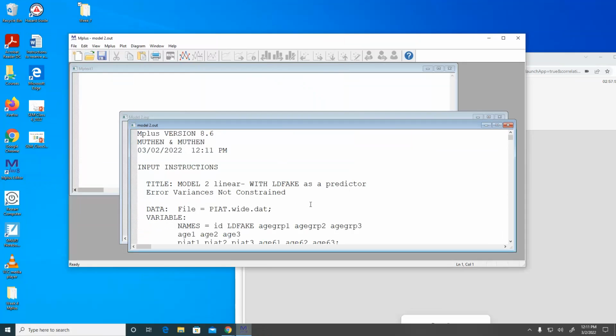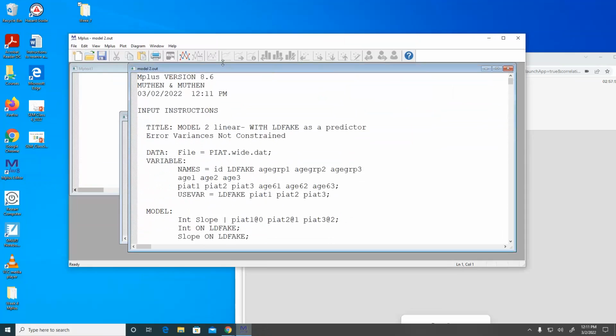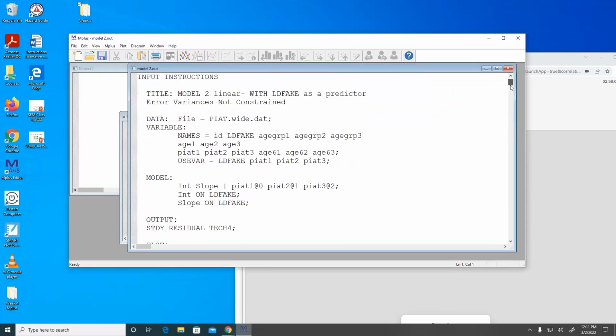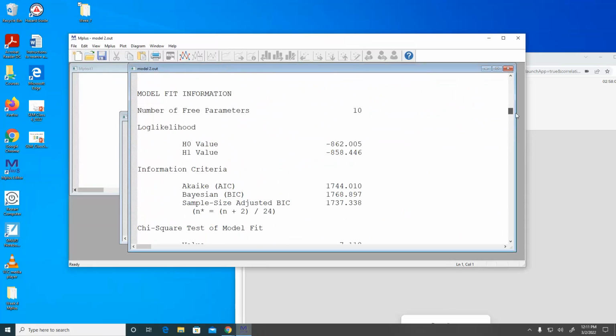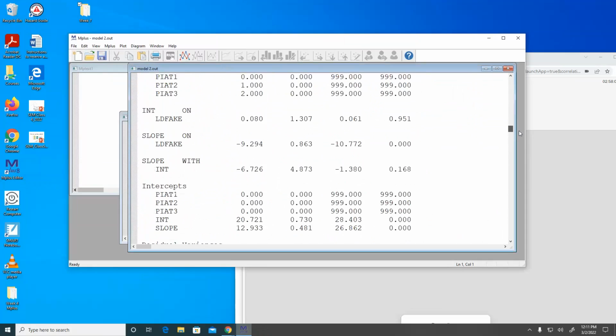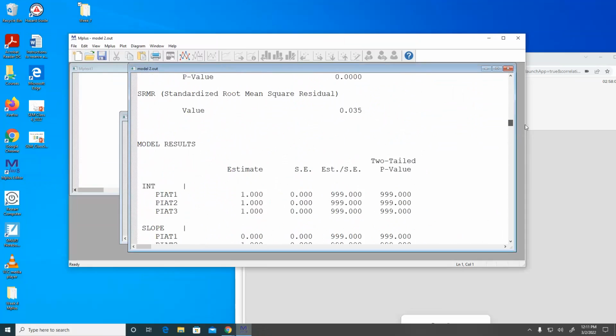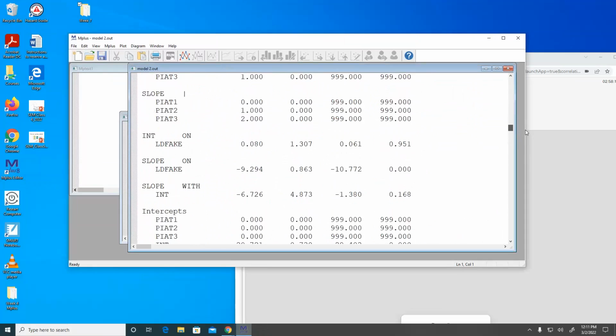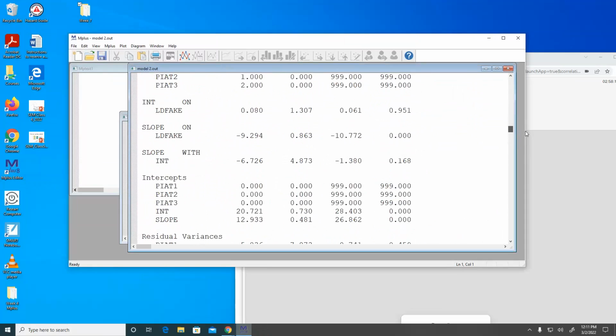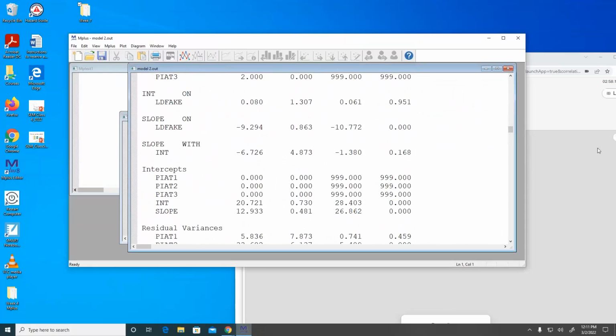Sure, save changes. Okay, so here we go. Let's get to our, not STDY, sorry, we want our unstandardized estimates. So there we go.